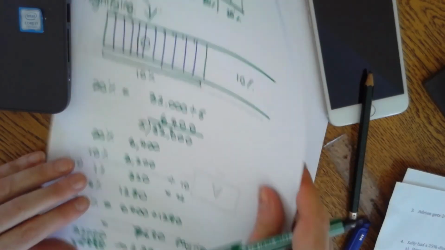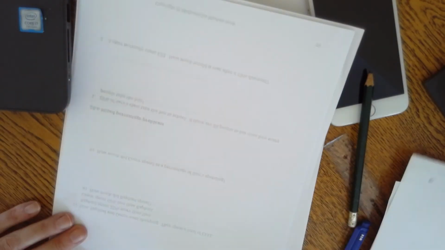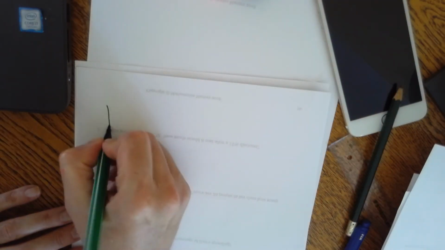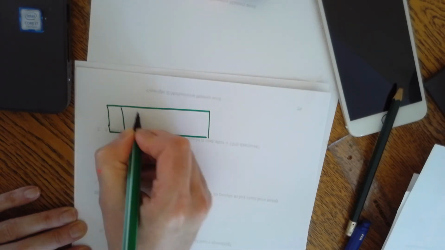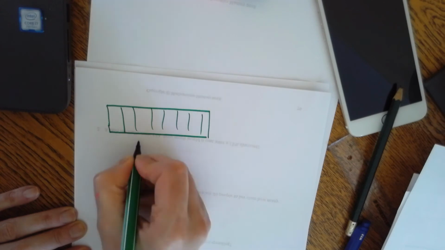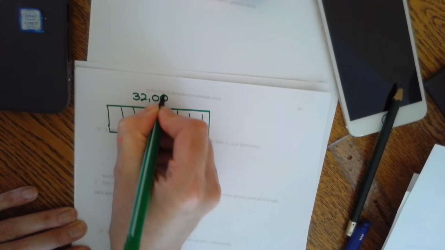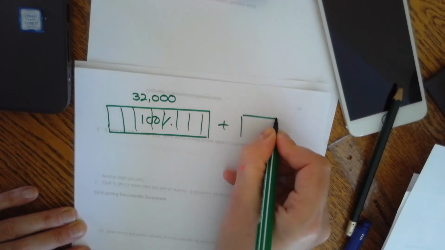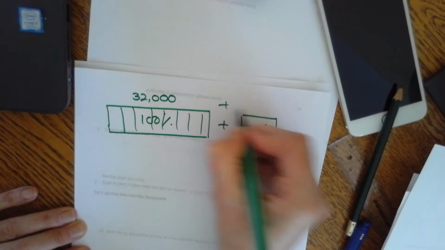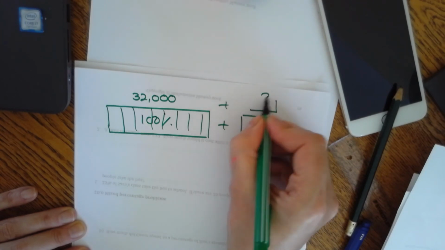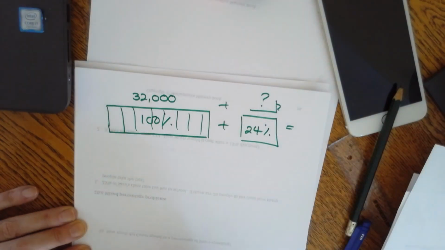By doing it by calculator, there are a couple of methods, and you can think of it a bit like this. We've got 100% here, and that's 32,000, and we're going to add on 24%, and that's going to give us that plus whatever's in here, the magic number, will give us his new salary.